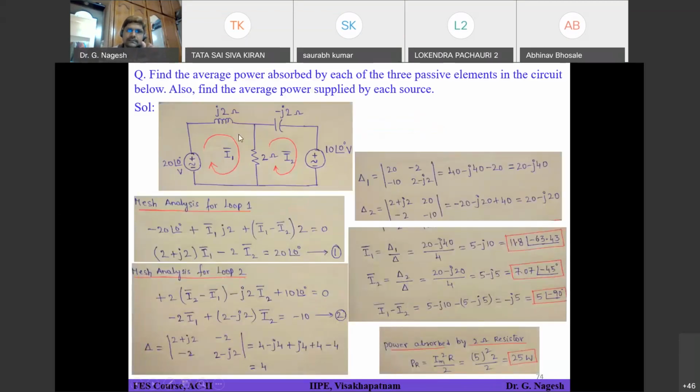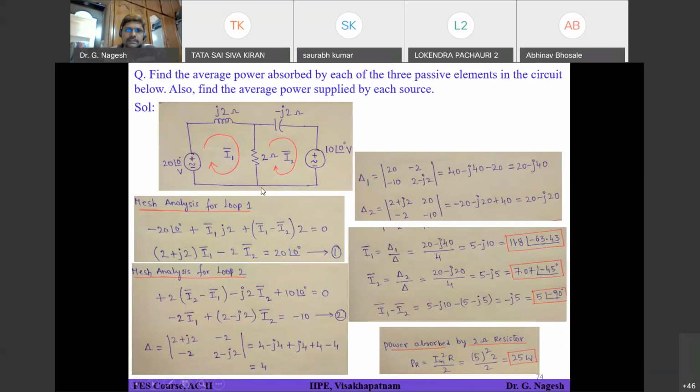Can we say that the voltage across the 2 ohms will be 20 at an angle 0 minus 10 at an angle 0, sir? No, how can you say that? No, that is wrong. If you want to find that, you have to find the voltage at this point. You know the current I1, you know the current I2. That means you have calculated I1 minus I2 now.